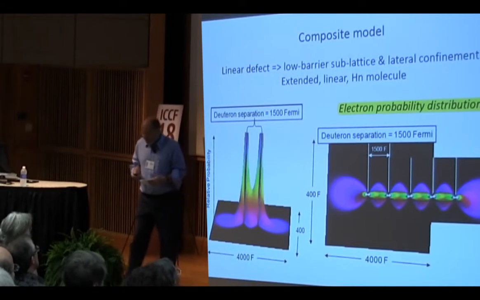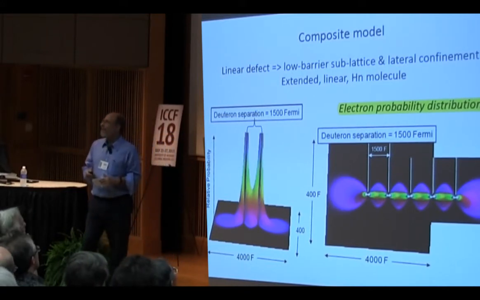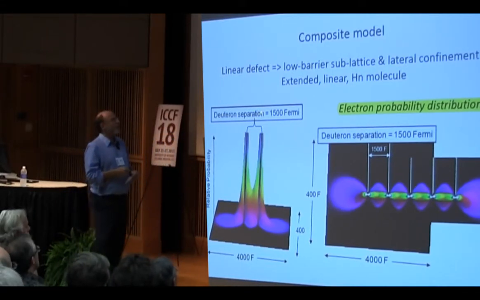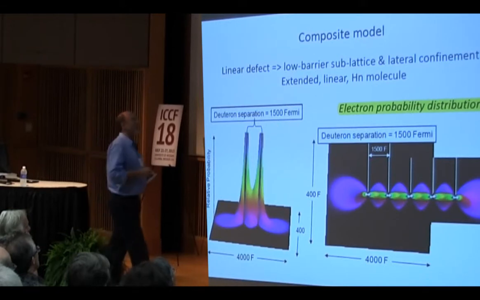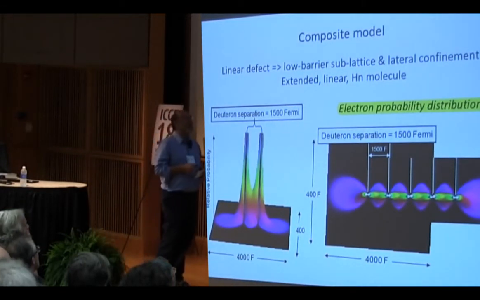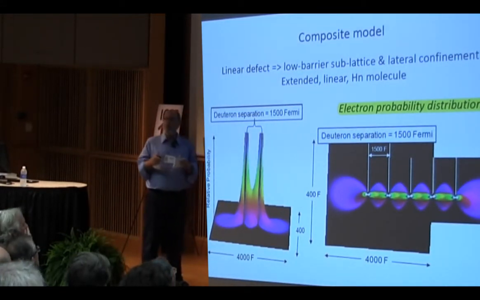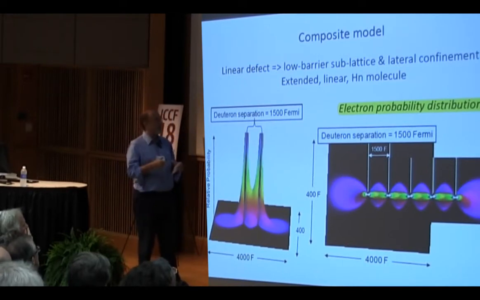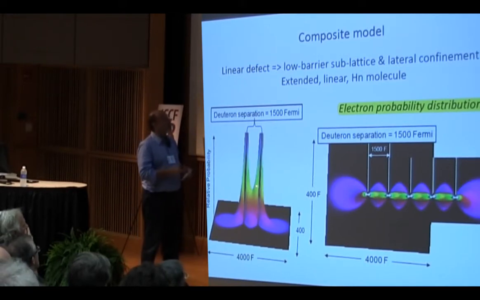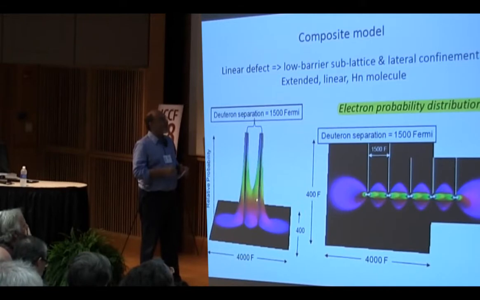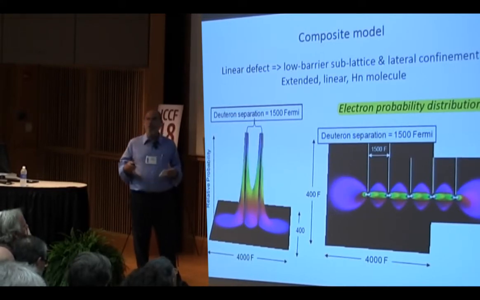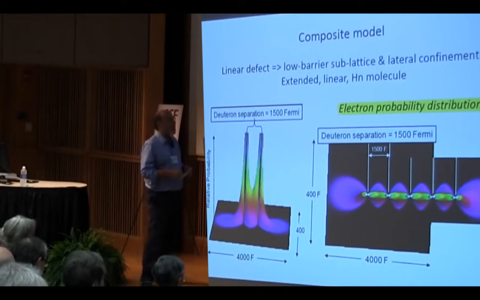Okay, these are some pictures from Tom Bernard. I thank him for that. Here we're bringing the spacing down, now over an order of magnitude shrunk from the atomic or molecular spacings. And if we look at the electron distribution, we see the electrons are spread around, but they're strongly concentrated relative to molecular hydrogen.